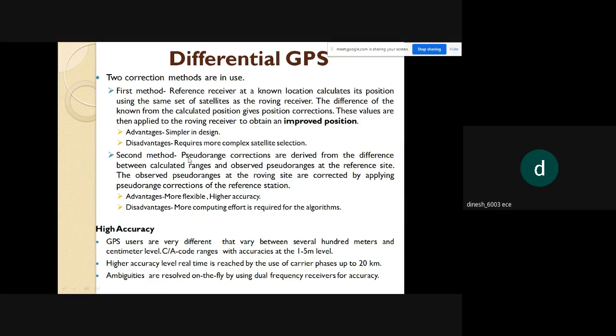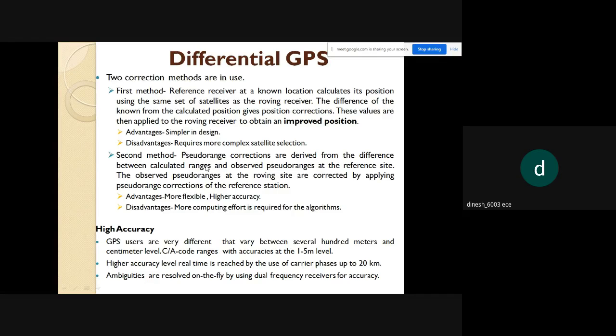The advantage is that this system is simple in design, but it requires more complex satellite selection. Choosing which satellite gives the exact positioning is complex, because the satellites are in motion, revolving around Earth. So the choice of satellite is a major disadvantage.